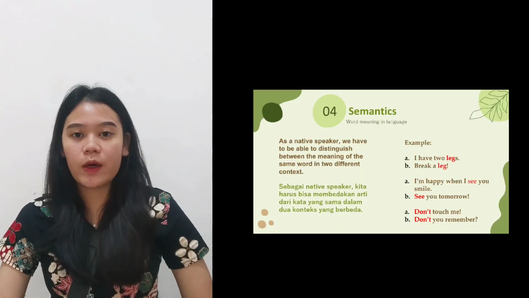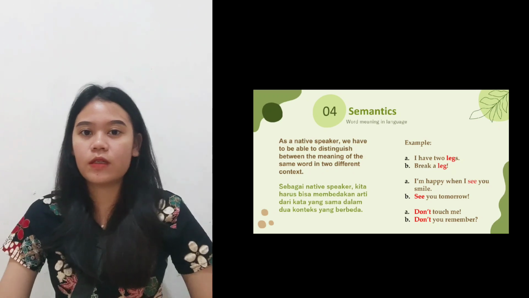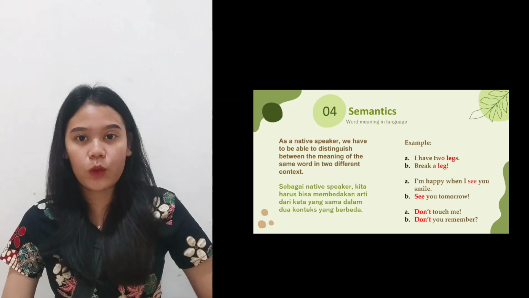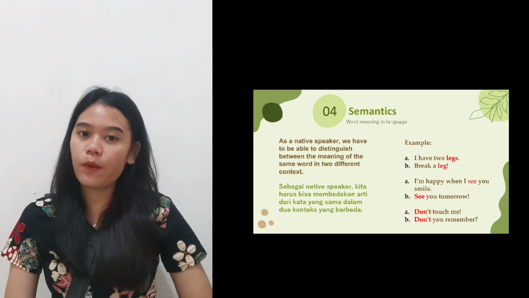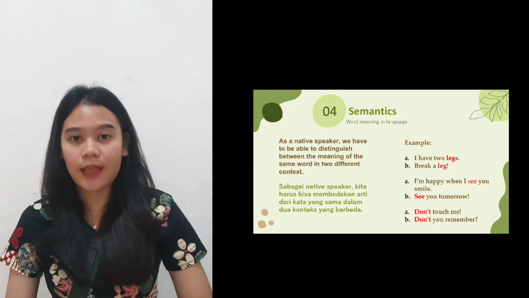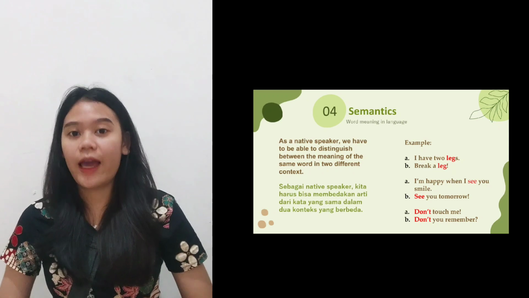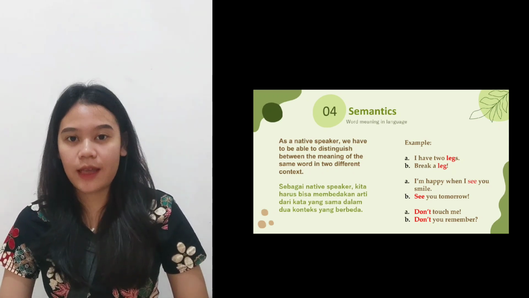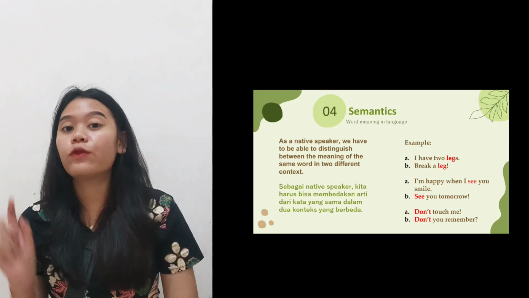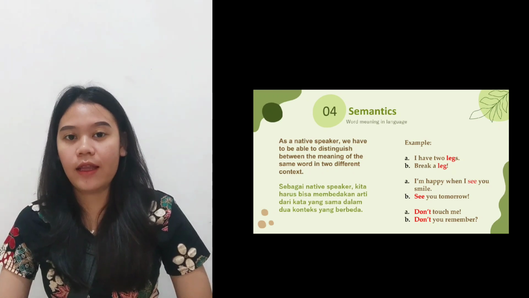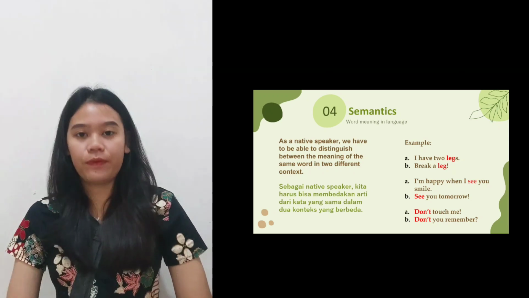As a native speaker, we have to be able to distinguish between the meaning of the same word in two different contexts, such as the word leg in two different sentences: I have 2 legs and break a leg.